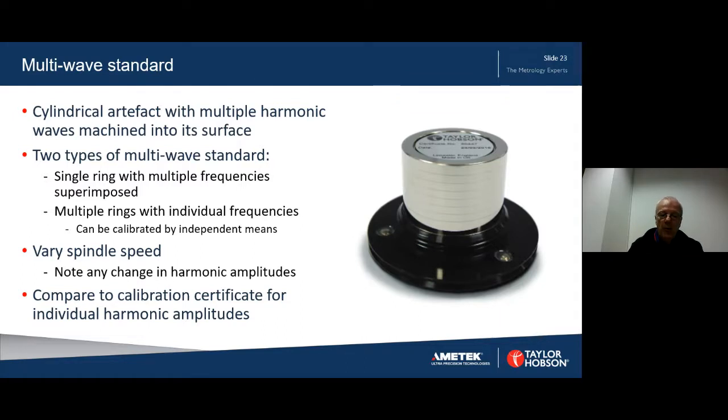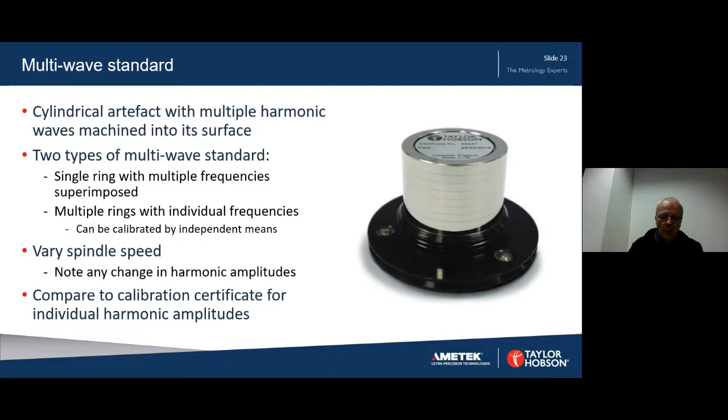There are two types of standard, one using a single ring with multiple harmonics machined into it, and the other using multiple rings with individual harmonics machined into each ring. Both types can be calibrated or uncalibrated. A key advantage of the multiple ring type, as shown here, is that the individual harmonics can be calibrated by means that are not dependent on using a roundness instrument.